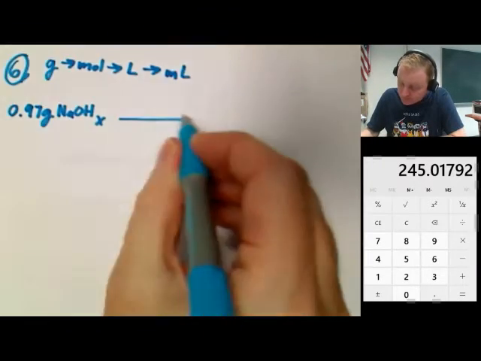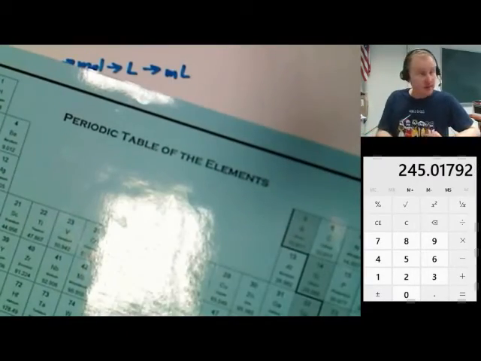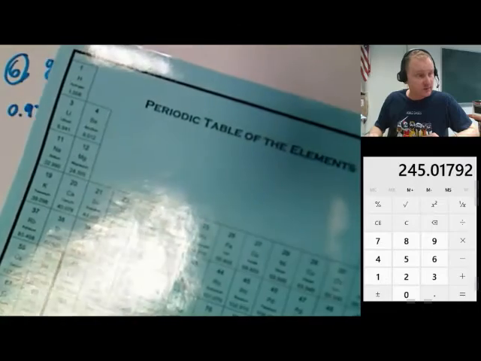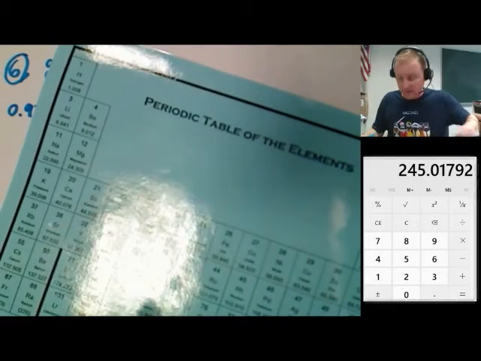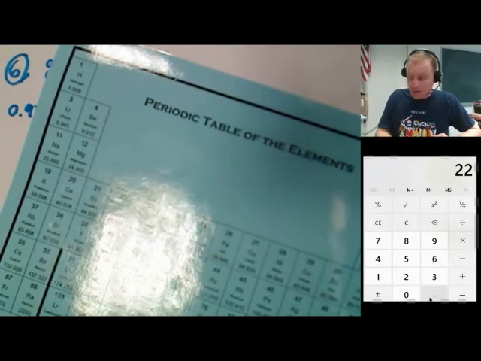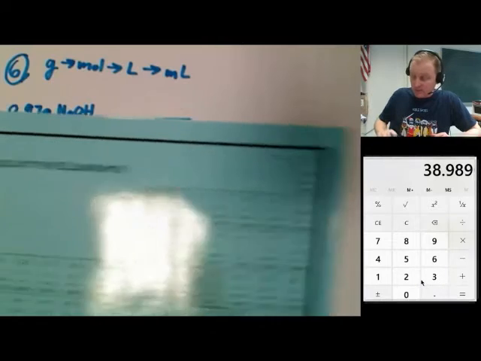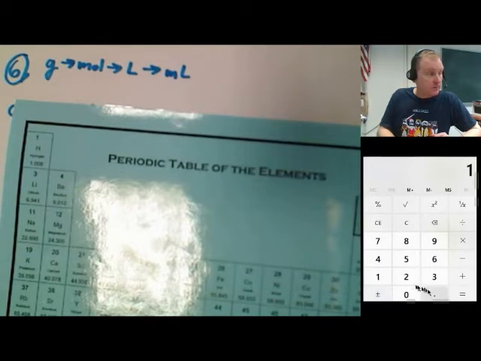So to add up the molar mass of sodium hydroxide, I'm going to use the periodic table, and I'm not going to bother showing you too much on those numbers because it seems to be clear right here. So anyways, sodium hydroxide is a sodium 22.990 plus oxygen 15.999 plus a hydrogen, which is 1.008.